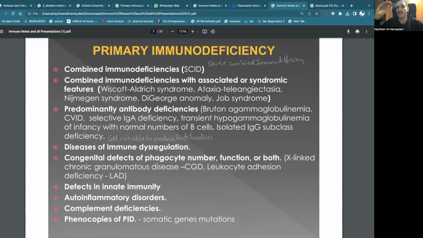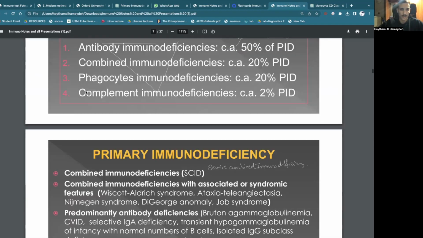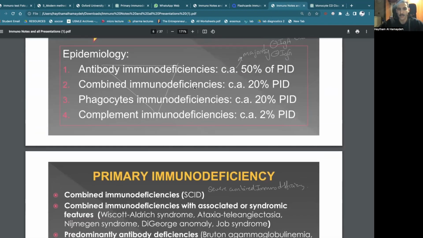Okay, so first of all, let's go with combined immunodeficiencies without syndromic features. Okay, and that's number one. Okay, the second one is combined immunodeficiencies with associated or syndromic features. And so those two types lie within this one right here, combined immunodeficiencies.